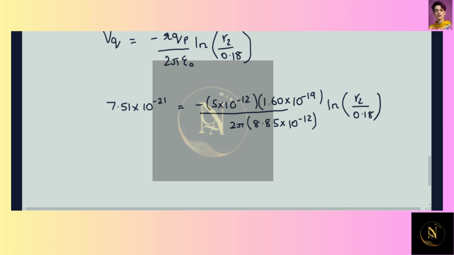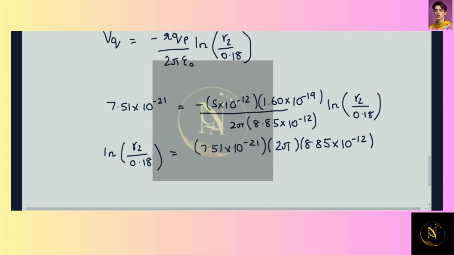That gives us the natural log of R2 divided by 0.18 is equal to 7.51 into 10 to the negative 21 times 2 pi times 8.85 into 10 to the negative 12, and there's a negative sign over here, divided by 5 into 10 to the negative 12 times 1.60 into 10 to the negative 19.